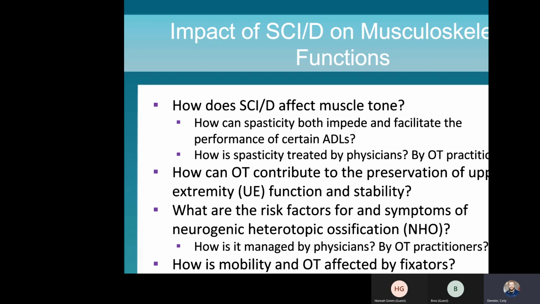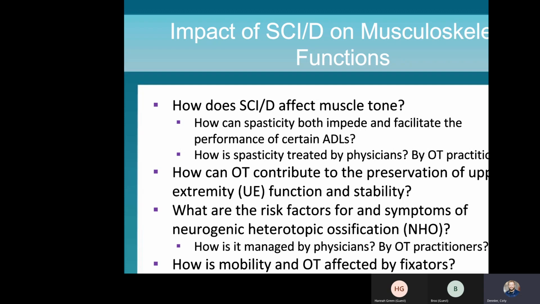All right, then you've got the problem of neurogenic heterotopic ossification. Now, this is different than the heterotopic ossification from burns. Well, it's not really that different. It's just sort of different.